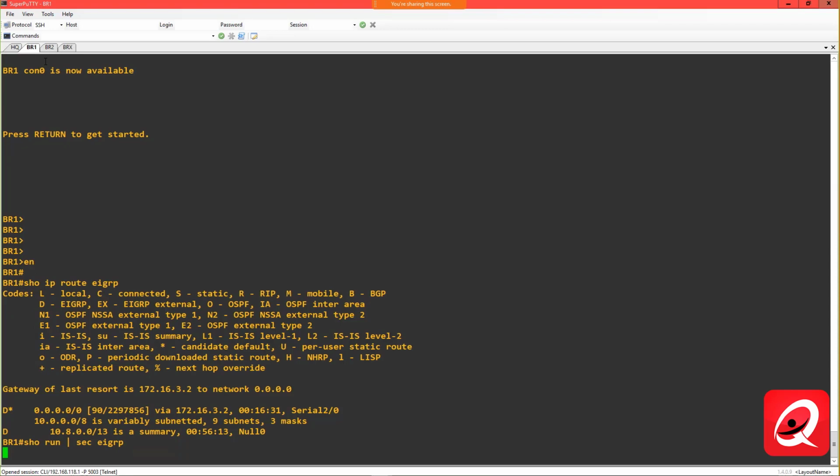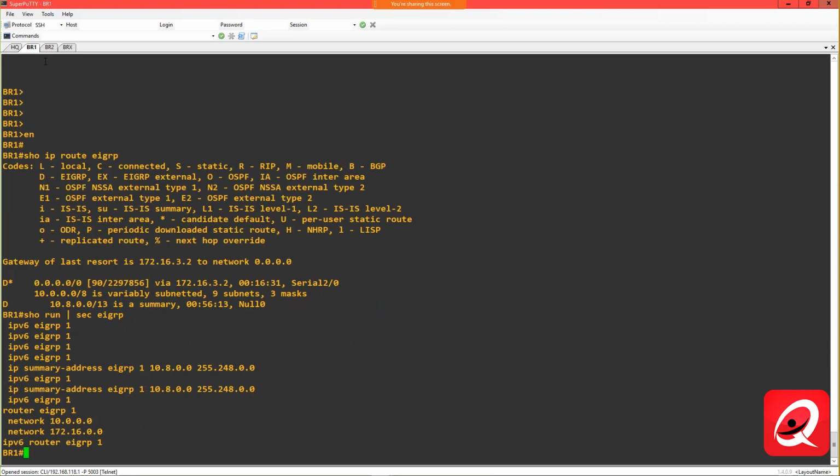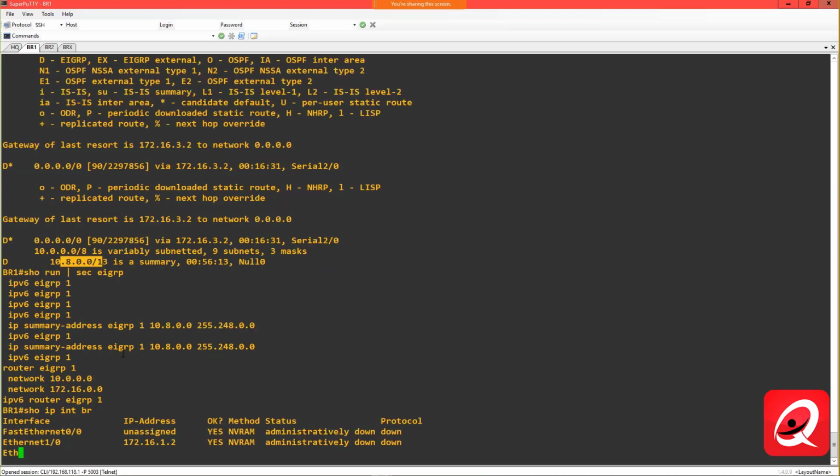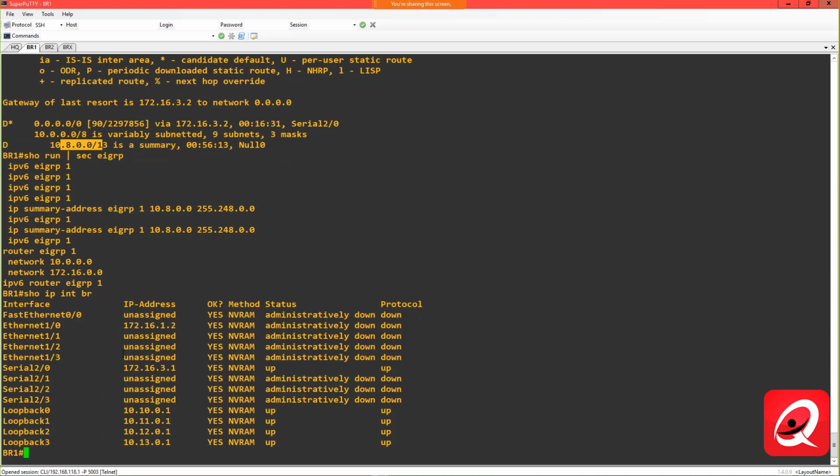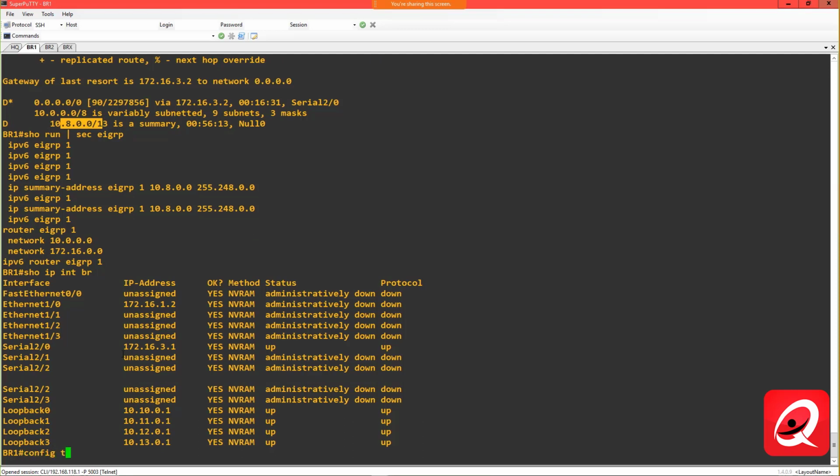Let's see, we should have the summary. Well, I can see it's there anyway. 10.8. Definitely a more specific route. And the Ethernet interface is administratively down. That would be why.